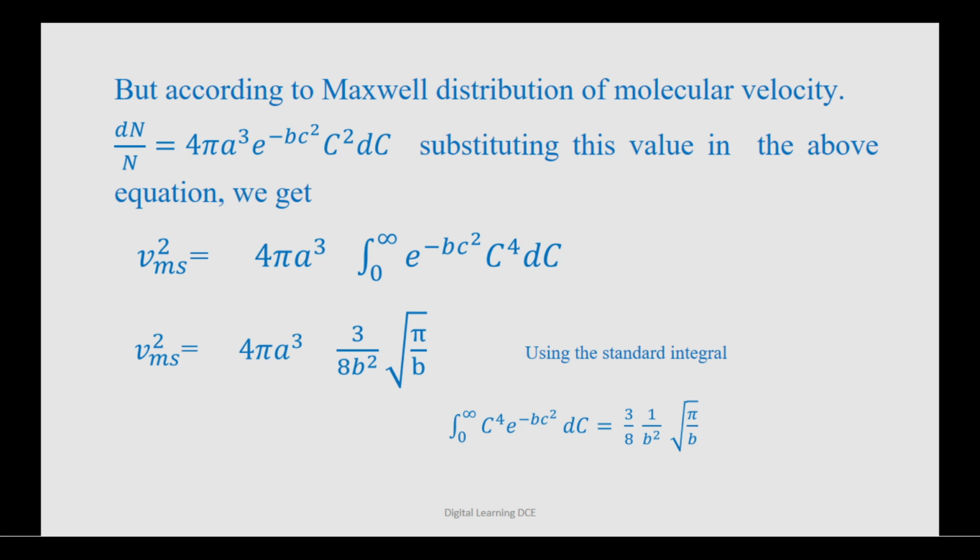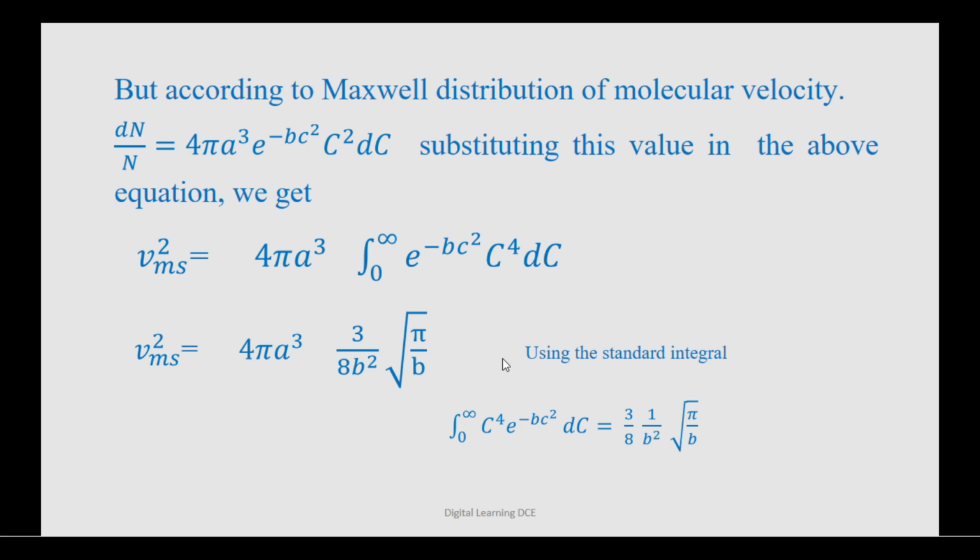Then, by using Maxwell's velocity distribution equation, dn/n equal to 4 pi a cubed e to the power minus b c squared into c squared dc, we get the mean of squares of velocities equal to 4 pi a cubed times the integral from 0 to infinity of e to the power minus b c squared into c to the power 4 dc.